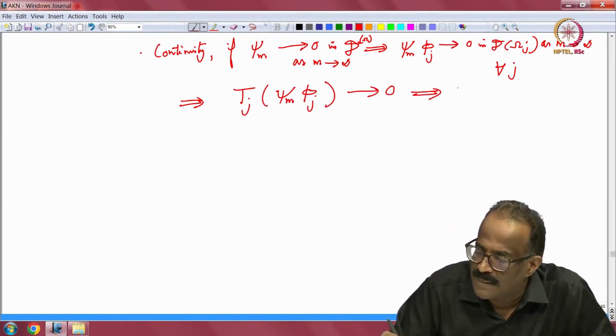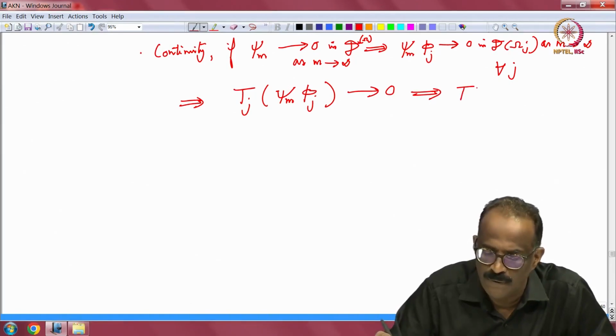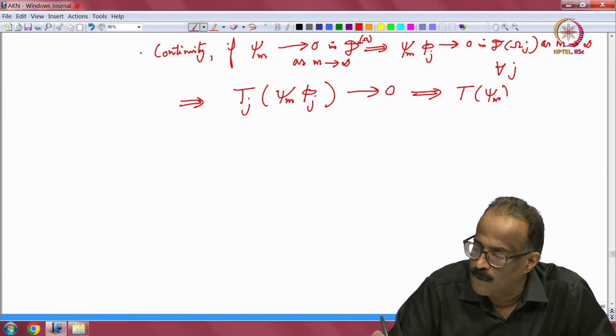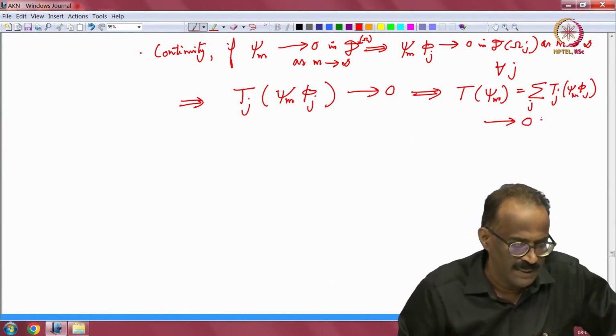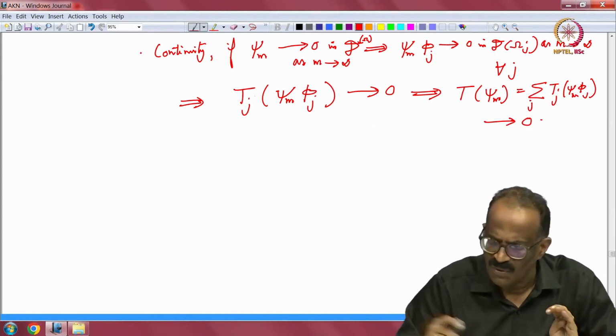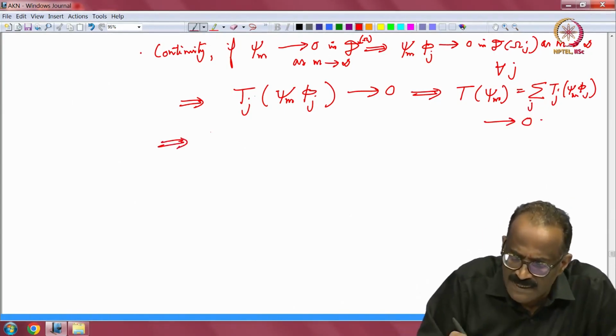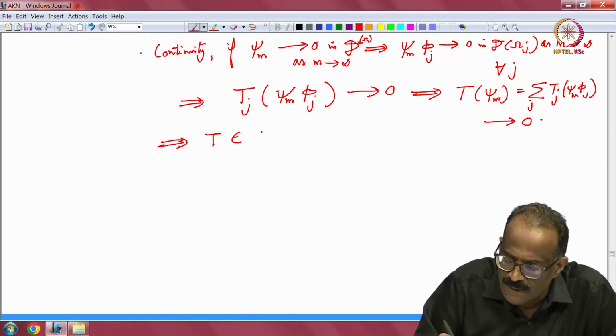T of psi m is nothing but the summation over j of T j of psi m phi j, which will go to 0. So, continuity is obvious.